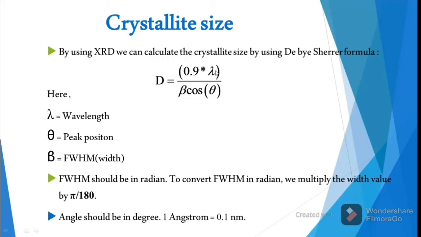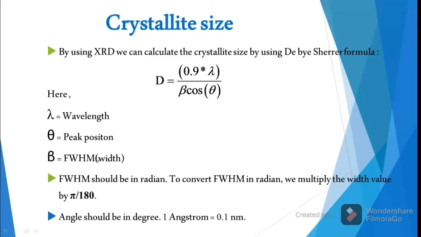Lambda is known, which is the wavelength of the target material, that is copper, and its wavelength is 1.54 angstrom. So here we are talking about these parameters. Lambda is the wavelength of the copper, theta is the central peak position.